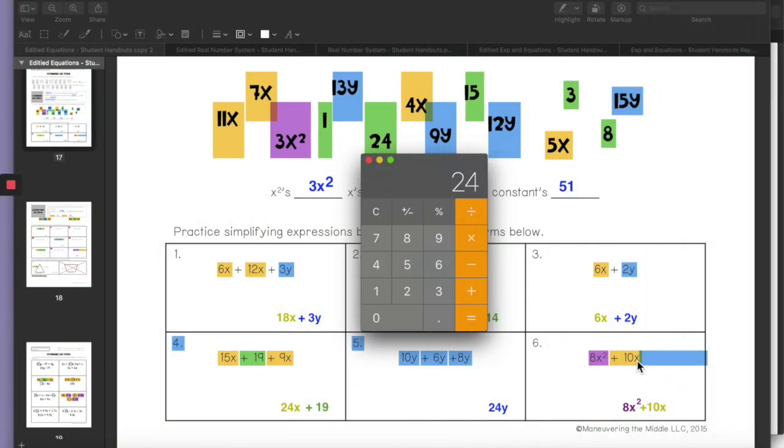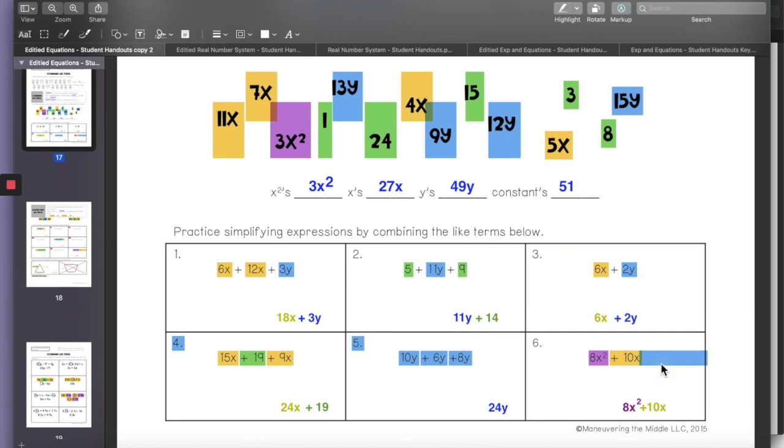Now on this one, it's a little unique. Sorry about the extra highlight. It's hard to get rid of once it's there. It just gets darker. So we have 8x squared, which is unlike 10x. All right, so the reason why these are unlike terms is because this has an exponent and this doesn't.